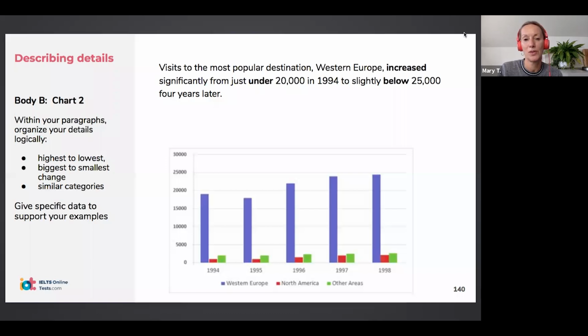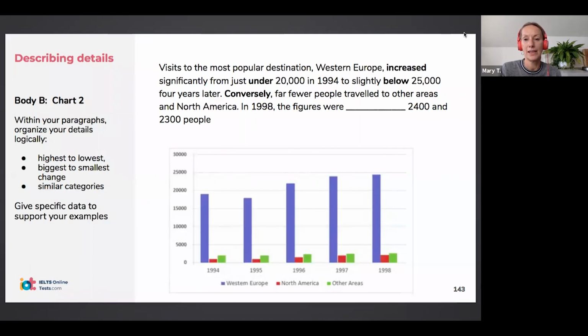Okay, so just make sure you vary the words. Okay, and then far fewer people travel to other areas and North America. Yes, so in contrast would make sense, or by contrast, or conversely. On the other hand, you could say that as well, yeah, that's right.